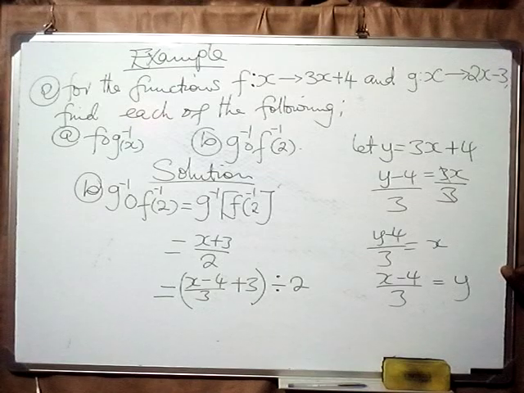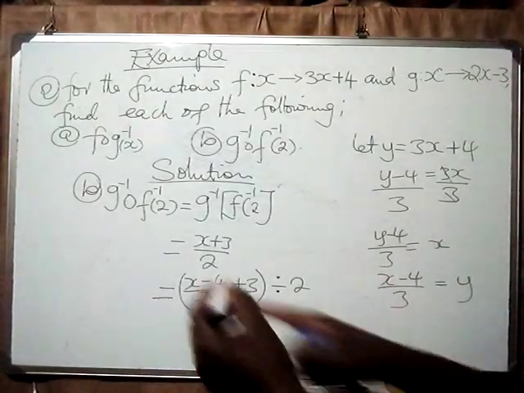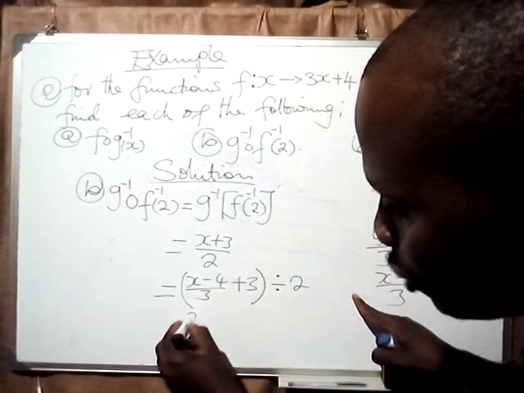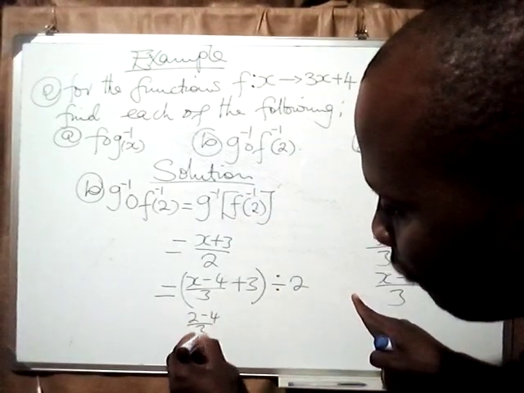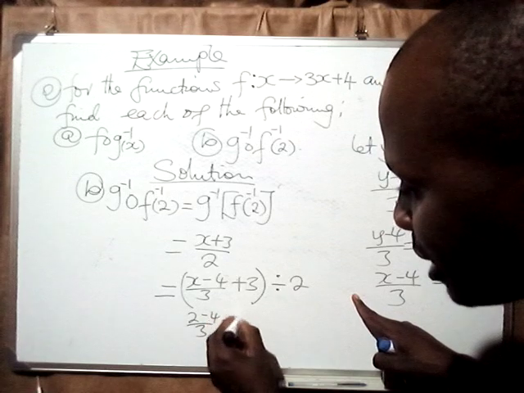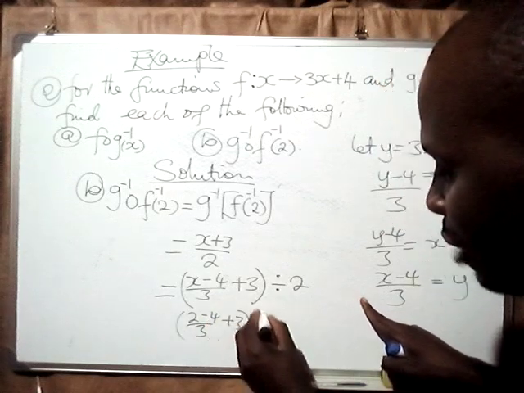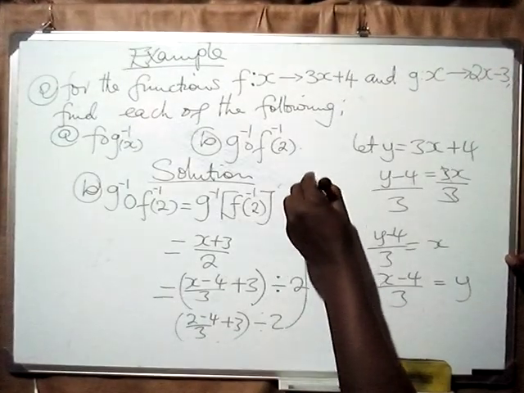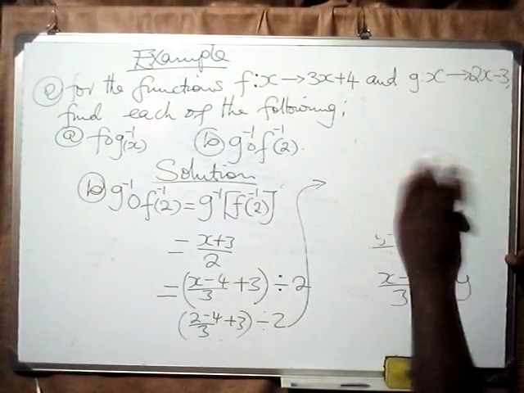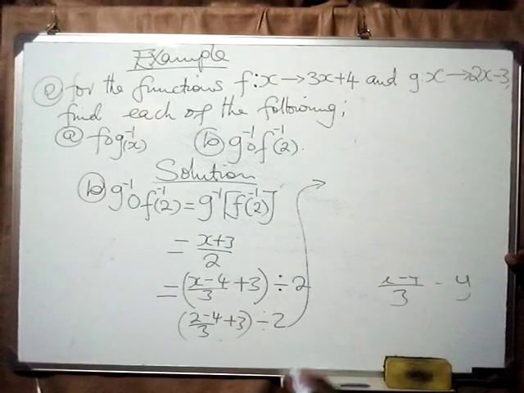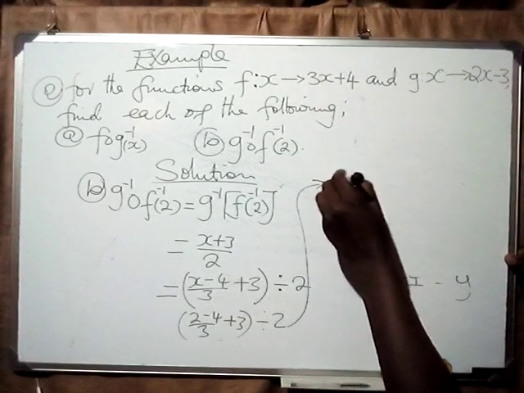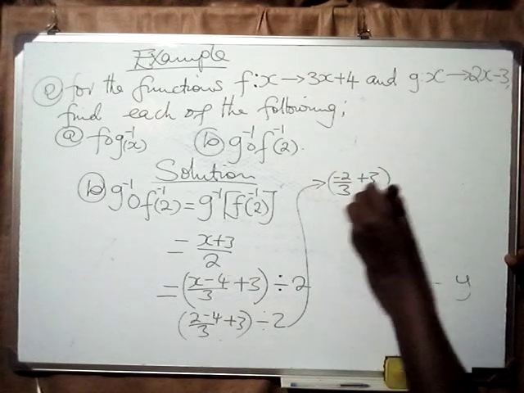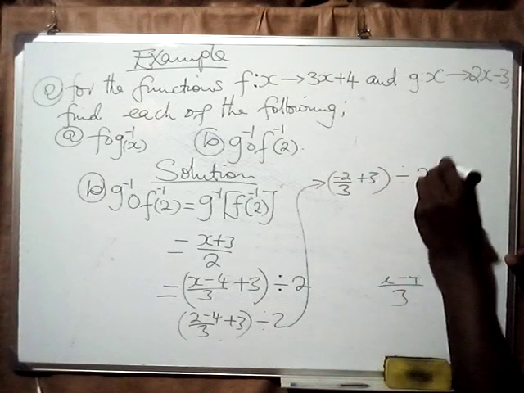Now, where there's x, we are going to replace it with this 2 there. So it will be (2 minus 4) over 3, then plus 3. Whatever we get, we are going to divide it by 2. 2 minus 4, the answer is negative 2. So it will be negative 2 over 3 plus 3. Whatever we get divided by 2.